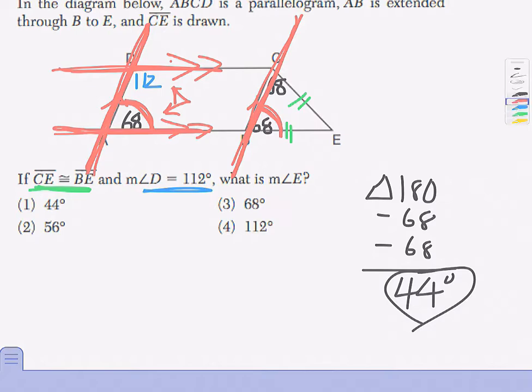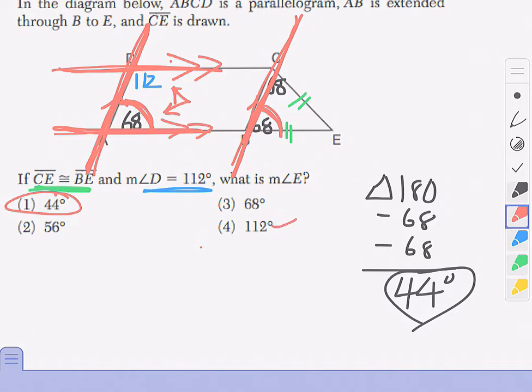And looking at the choices, it's nice to see it's there. You can see that the 112 is a possibility for the choices, but looking at that angle there, it's definitely closed up way more than 90 degrees. And even by instincts alone, it couldn't be 68 degrees because a triangle has to have 180 degrees altogether, but also if this angle here is 68 degrees, this looks like it's closed up even more, so it's probably not choice 3.